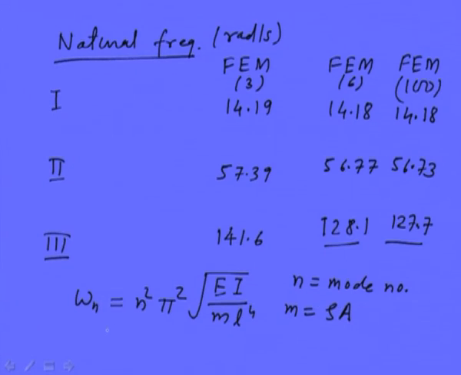So, if we substitute this value here, we will get 14.18 n squared, where n is the mode number.